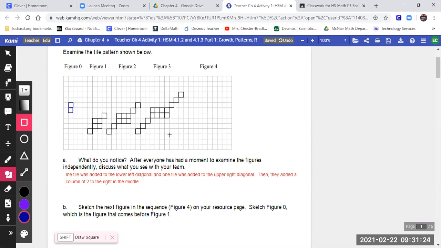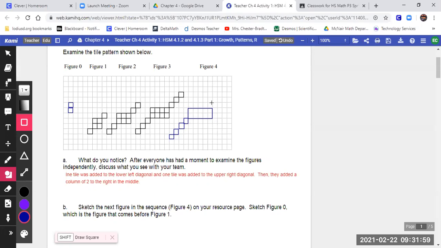So I'm going to start mine over here because the diagonals take up space. 1, 2, 3, 4, and then I'm going to do a rectangle that's 5 and then put lines down it.